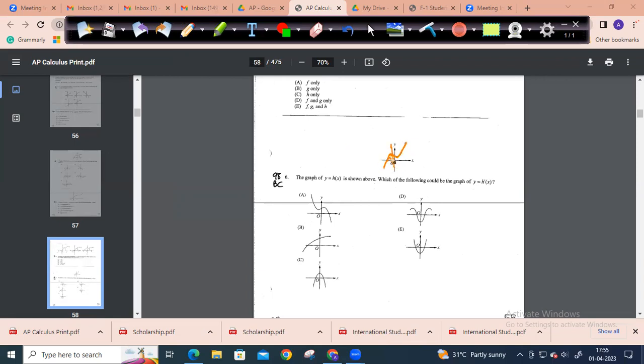Increasing means h dash of x should be positive till a, negative between the two points, and again positive. So it should be positive, negative and positive. Definitely two x-intercepts should be there for this question.